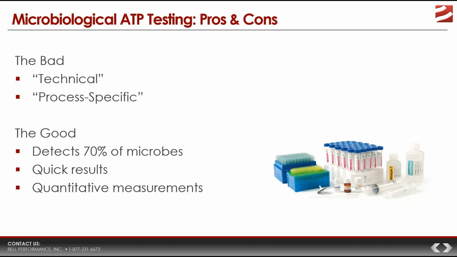The first one that I would mention, and as somebody who has run hundreds of tests, I am intimately familiar with the pros and the cons, is that the methodology for this is a little more technical than the other options. It requires specific equipment like the luminometer, and it is a multi-step process, and you have to follow the process in order for the test to give you the results that you need.